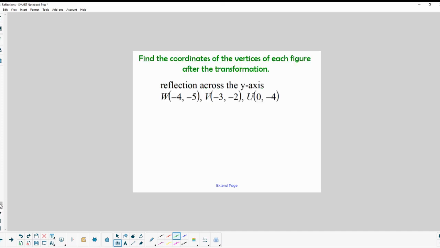So the next one: find the coordinates of the vertices of each figure after the transformation listed here, and that's across the y-axis. Let me just remind you that a minute ago we discussed that for the x, y value, when you go across the y-axis, the x value becomes its opposite, and the y value stays the same, right? That's what happens when you go across the y-axis. So if we do that, then the x value would become positive 4 here. Y value would stay the same. And that's W prime.